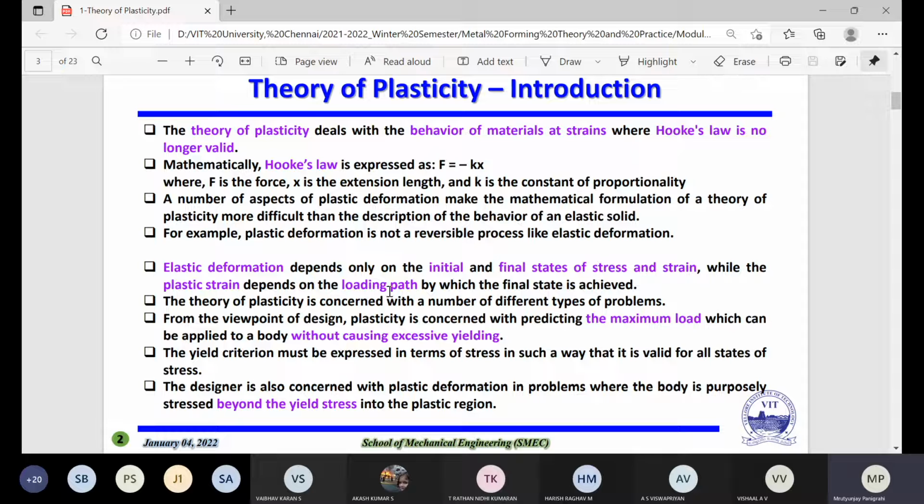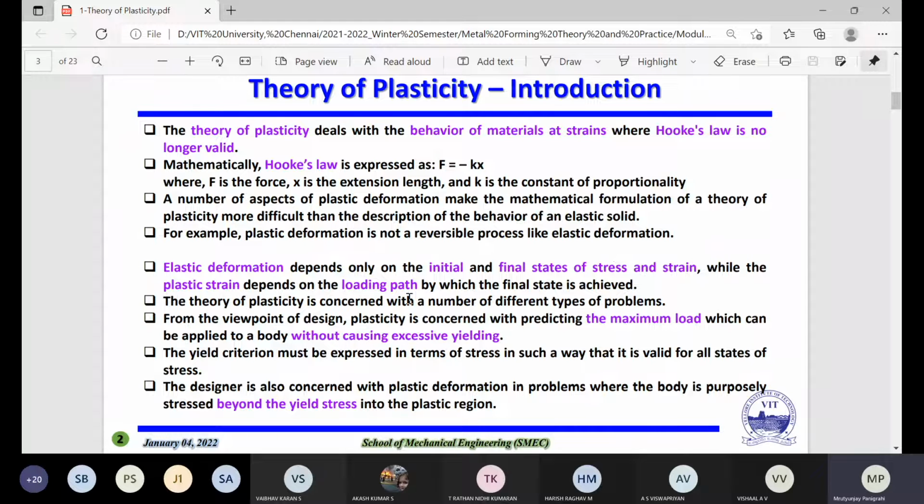For example, plastic deformation is not a reversible process like elastic deformation. In elastic deformation, after removing the load, the material comes back. But in plastic deformation, after removing the load, it cannot go back, so you will find another shape or geometry.